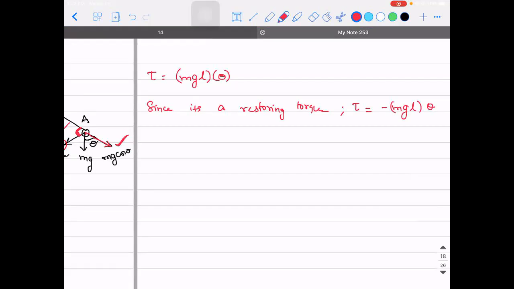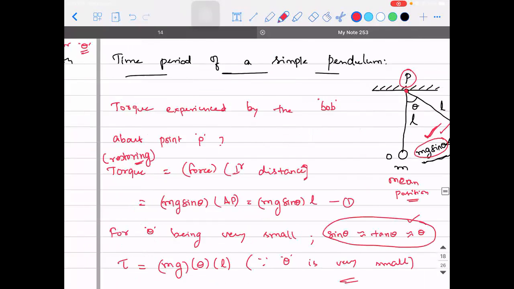I hope you understood why I wrote that minus. The negative sign indicates it's a restoring torque. So torque is equal to minus mgL into theta. Let me call this equation number 2. Let me show, then you can copy it. Okay, concentrate.